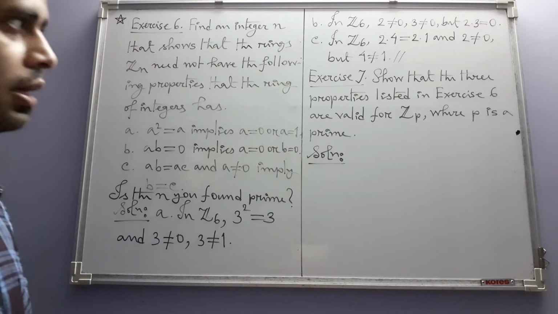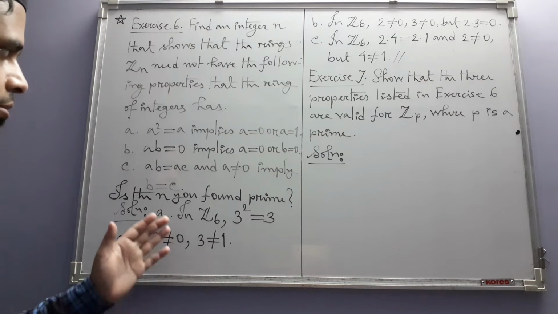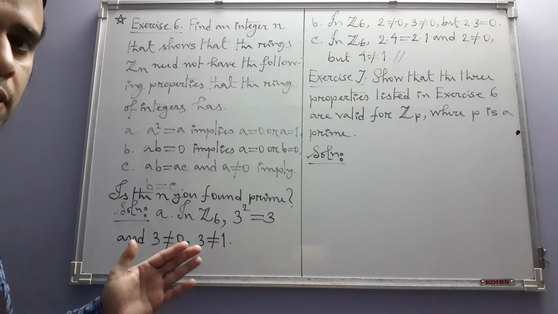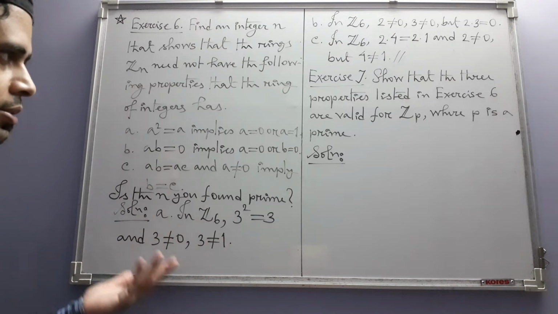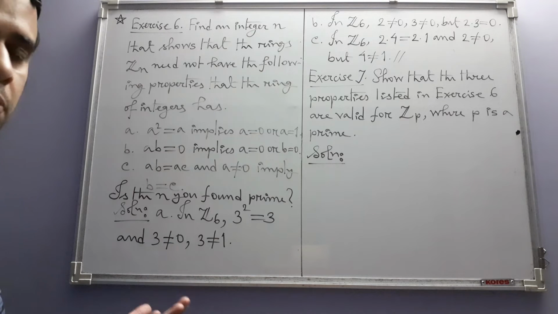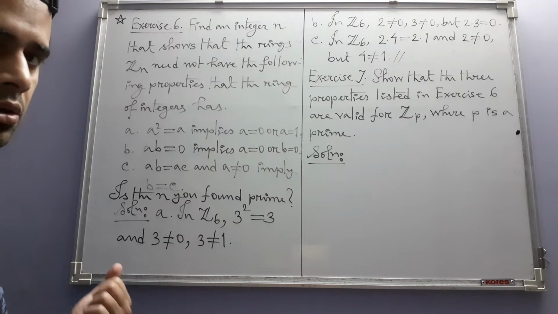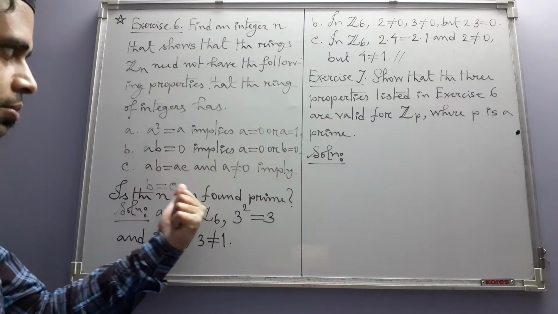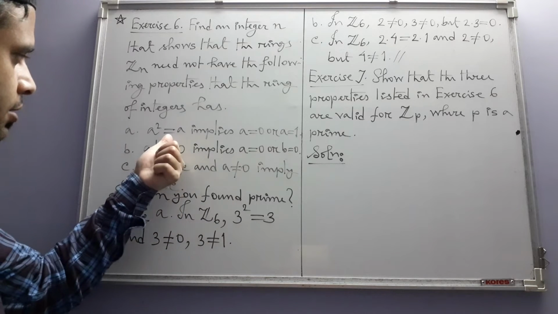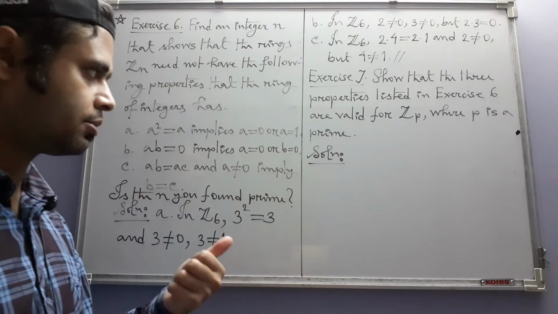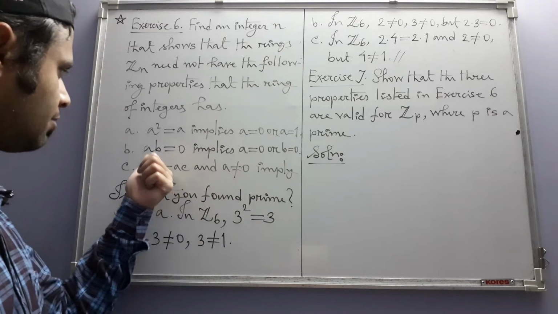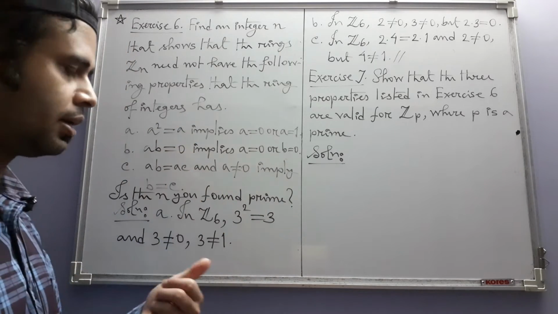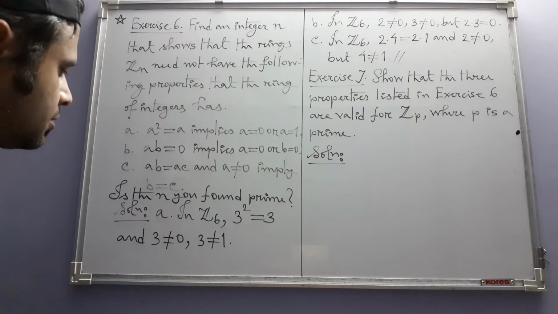Now the thing that makes these properties true in a system is the existence of multiplicative inverses for non-zero elements, which is true for real numbers. So that's why these properties are true when we have A, B, C as real numbers.